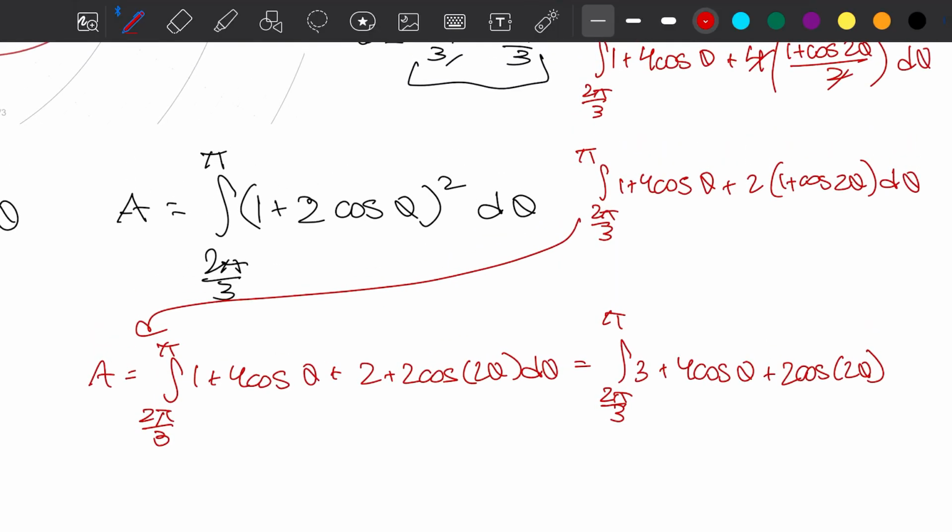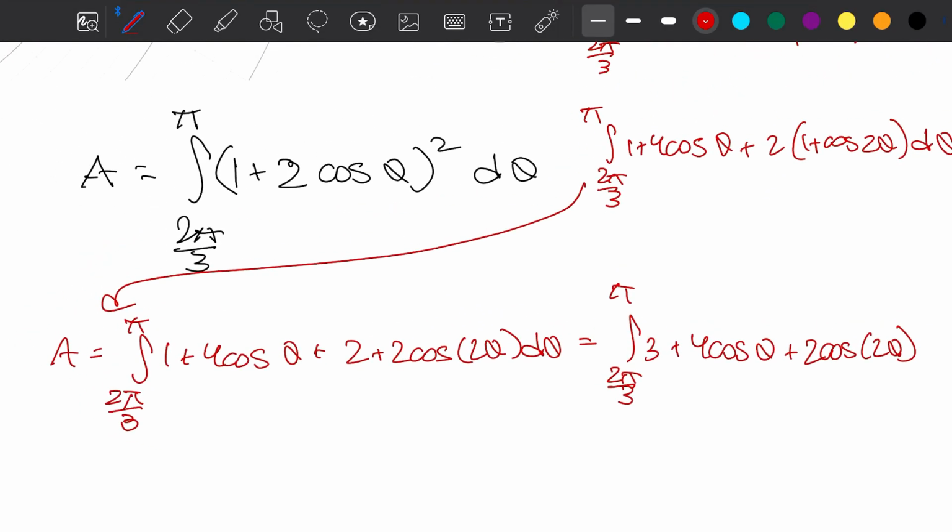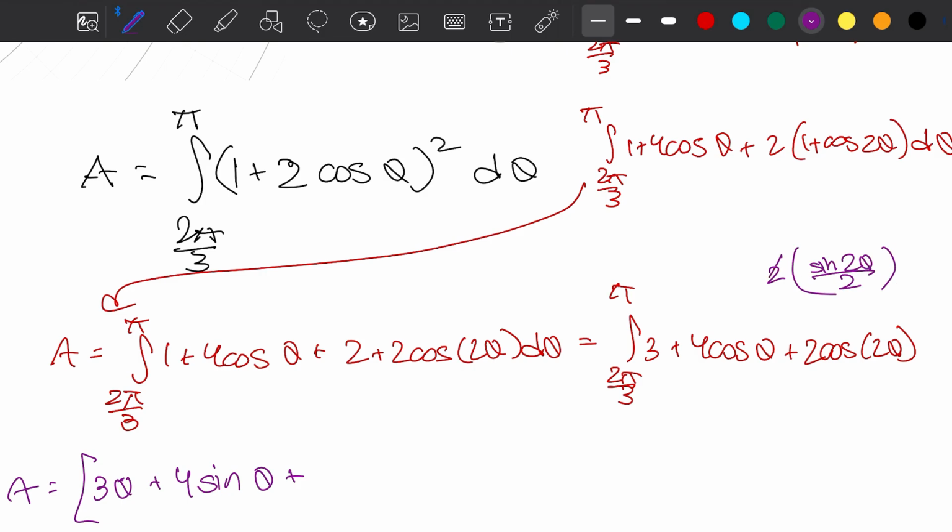Okay, so now we can integrate this. I'm going to do this in a different color to make it easier. So you're going to have 3 theta plus 4 sine theta plus sine 2 theta. Now this is going to be sine 2 theta over 2, but we have that times 2, so we're going to cross that out.